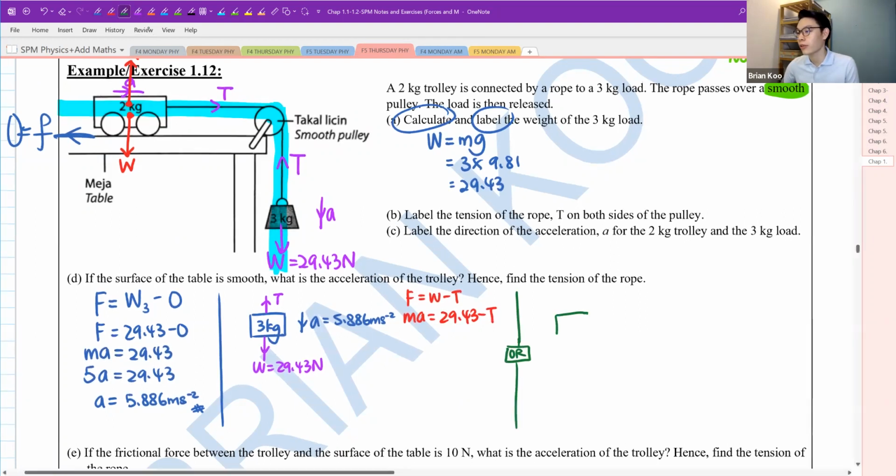There's also the 2 kg one. Okay, try to calculate the T on your own. There is no friction. And then you can label W and R, which perfectly balance out each other and don't affect the acceleration.